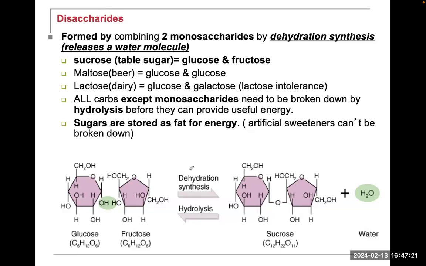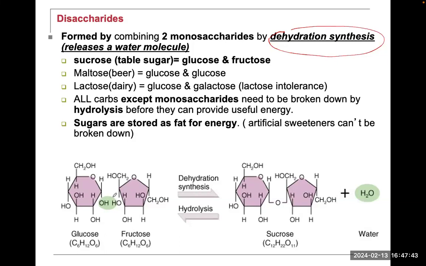So the disaccharide, this is just a great visual showing us when we go from monosaccharide into a disaccharide, we need dehydration synthesis in order to do that. So in this example, we have glucose at this end and fructose.